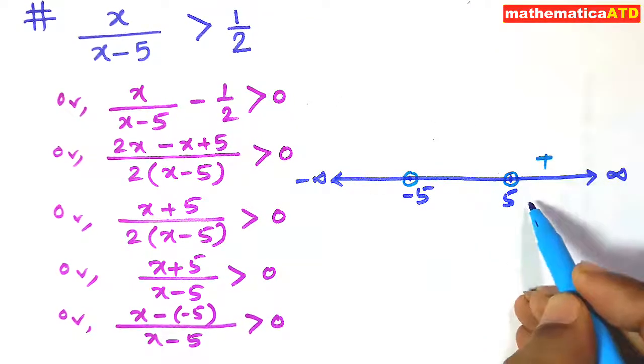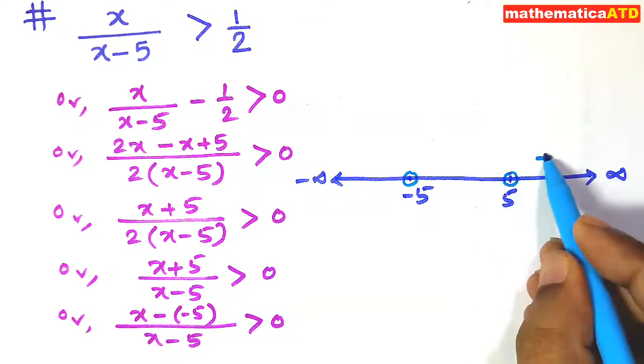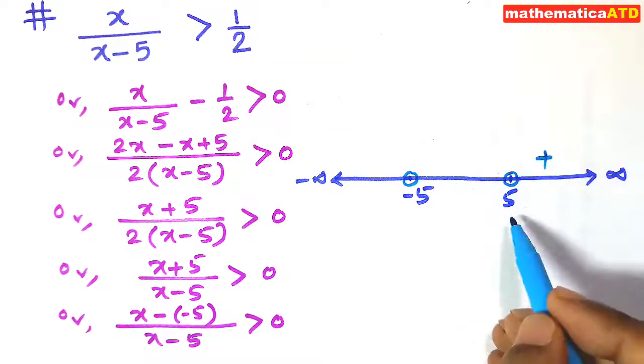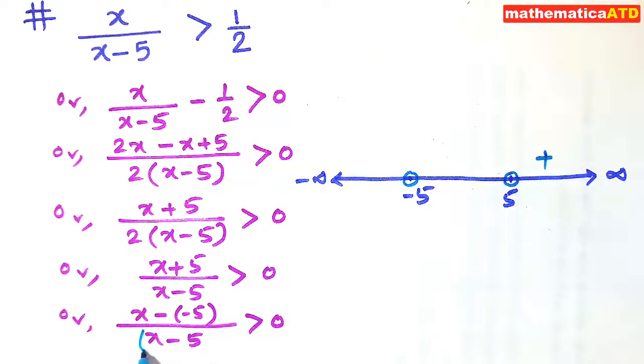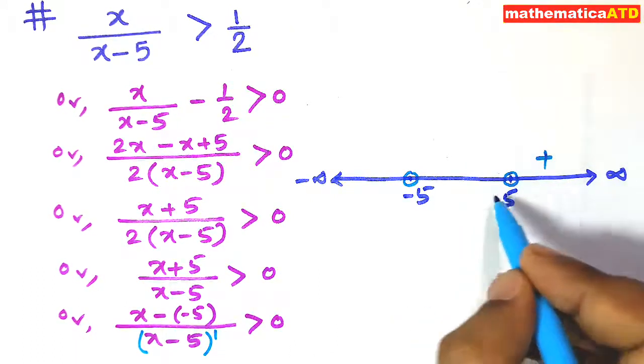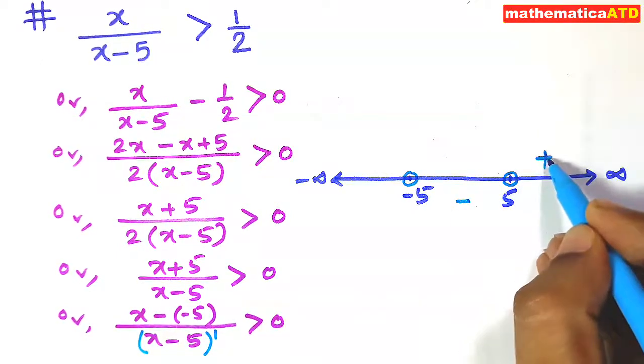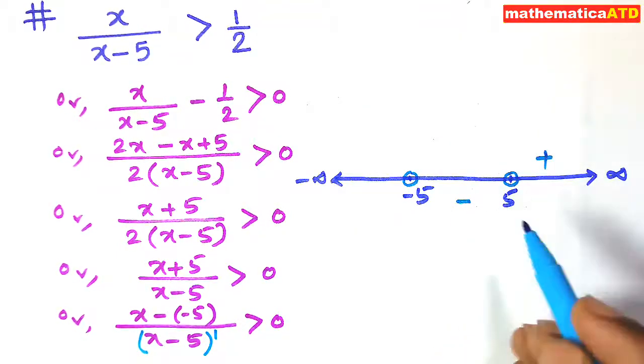Friends, the extreme right is positive using the sign rule. Now for the critical point 5, we observe that the power of this factor x - 5 is 1, and 1 is an odd number. For this, we have to change the sign. Previous was positive, now this is negative.